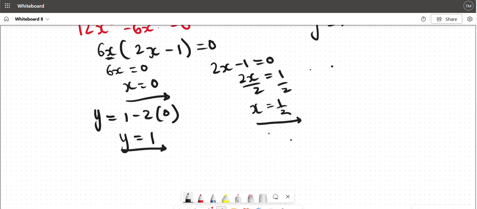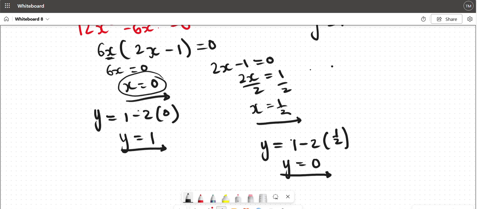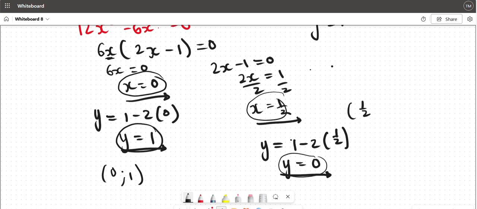And for this one, I'm going to substitute 1 minus 2 with a half in brackets, and that will give me a 0 for y. And there we go. So these are my corresponding values. This x goes with this y. If you want it as a coordinate, there it goes. And this x goes with this y. If you wanted that as a coordinate, it looks like that.